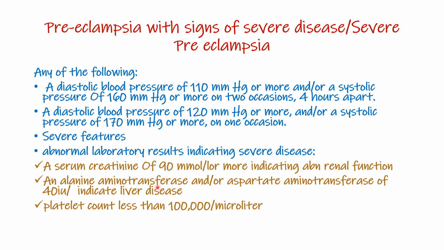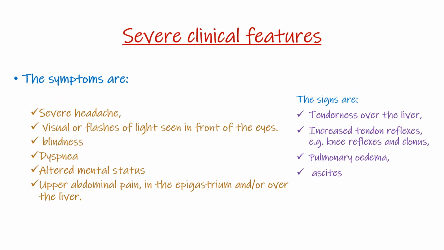So an increase of creatinine greater than 90 micromoles per liter or more is an indication of abnormal renal function. Or an alanine aminotransferase or aspartate aminotransferase of 40 international units indicating liver disease, or platelets less than 100,000 per microliter. So the severe features that we're talking about, we have signs and we have symptoms.